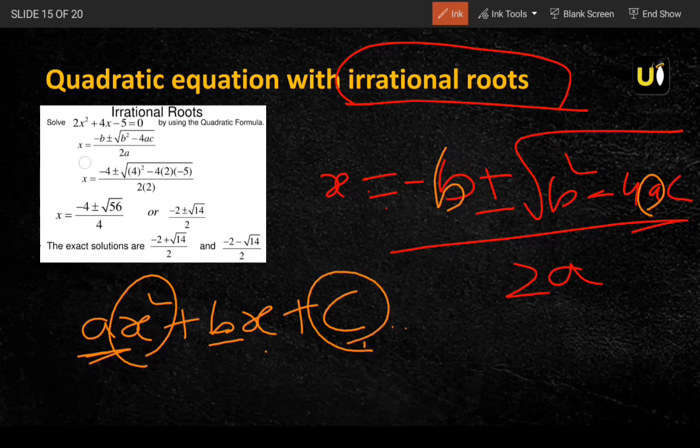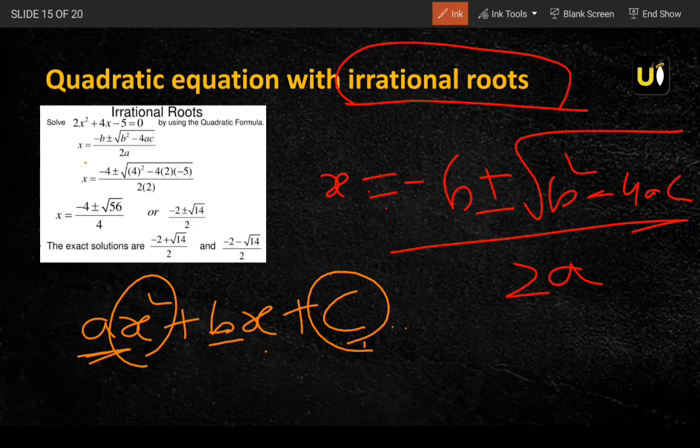The formula is minus b plus or minus root over b square minus 4ac by 2a.